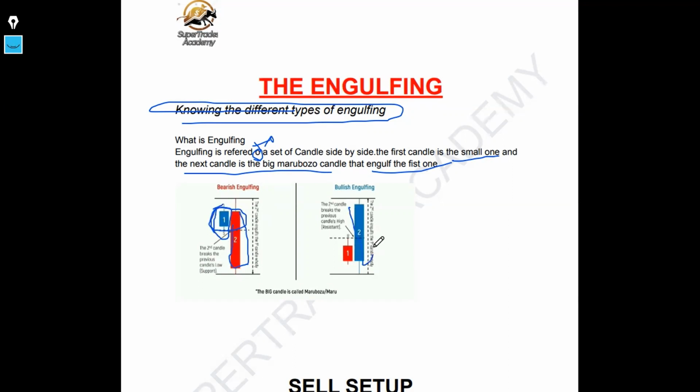Whenever you see this engulfing on a sell setup, like on the 2M level, then you have to sharpen your finger to place a sell limit or an execution. This is the bullish engulfing, and most of you are familiar with this thing.